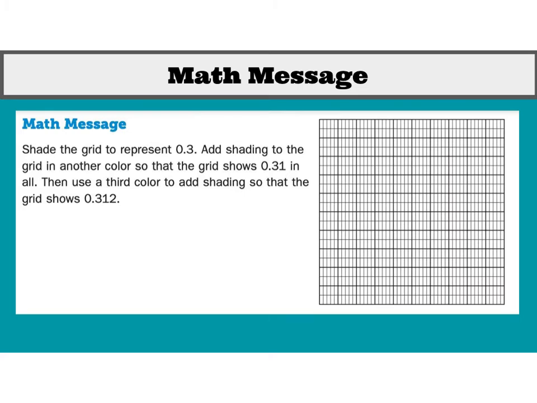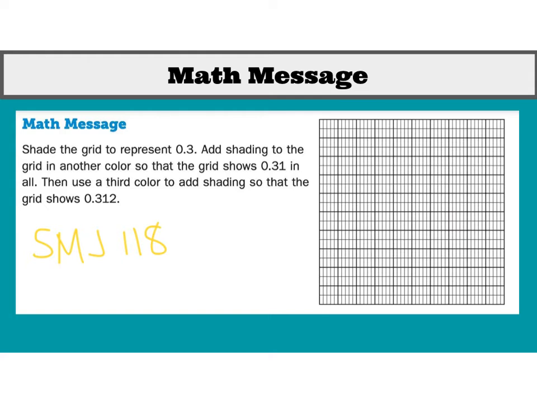Our math message today is located on page 118 in your student math journal. So we want SMJ 118. If you take a look at that page, it tells you to shade the grid to represent 0 and 3/10.